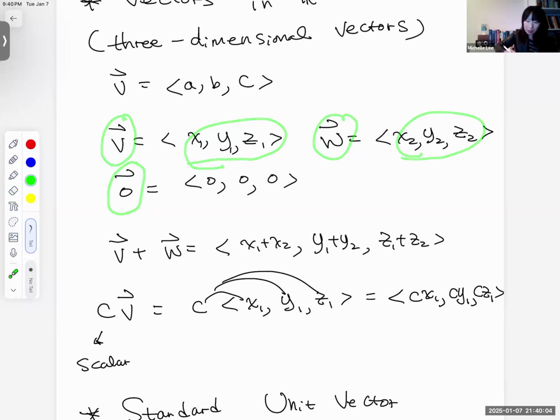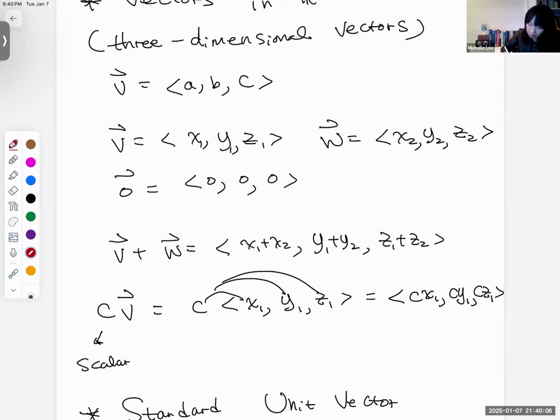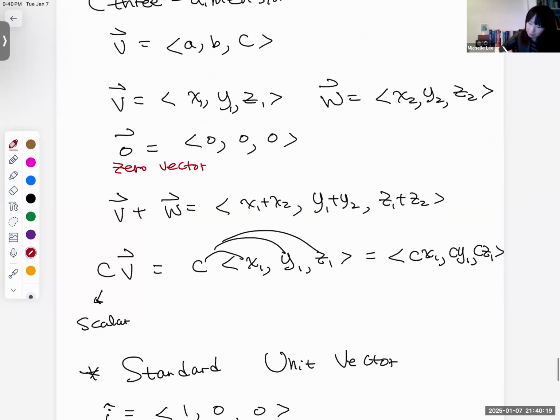The zero vector, right? So this is the zero vector, which is 0, 0, 0. X component, Y component, Z component, right? This is vector addition.